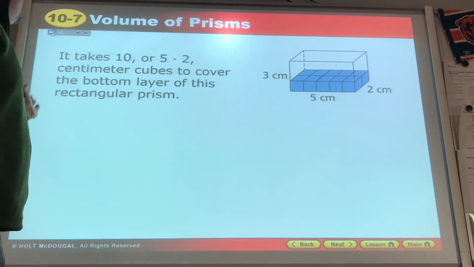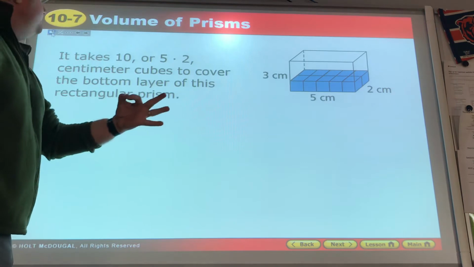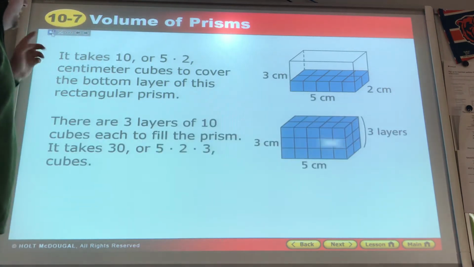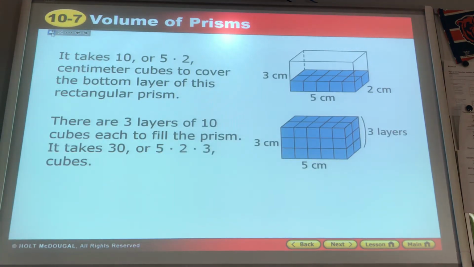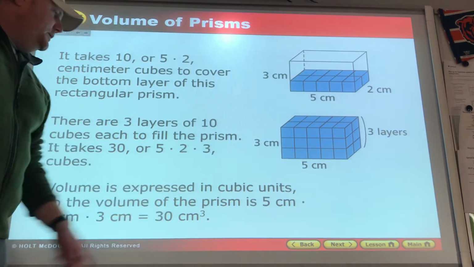Then, you take that times the height being 3, and 3 layers of 10 gives you 30. I really don't care that they show it this way, but I understand why they do. Okay? Volume is expressed in cubic units. So the volume of the prism is 5 centimeters times 2 centimeters times 3 centimeters, or 30 centimeters cubed.